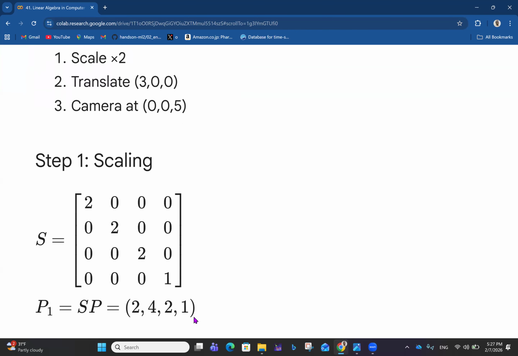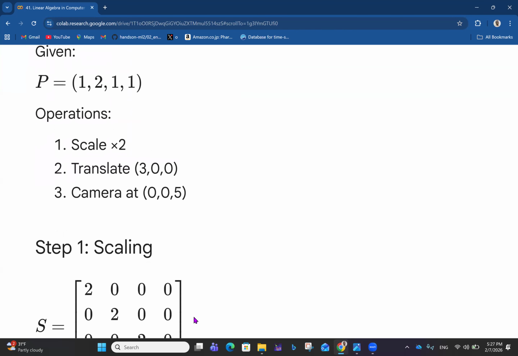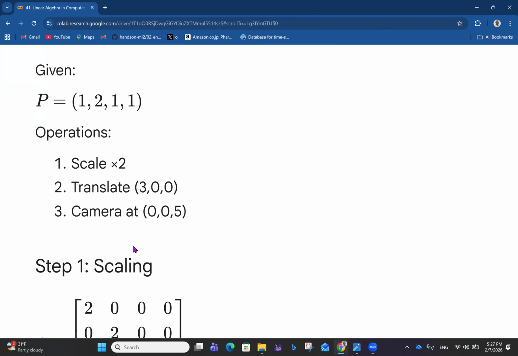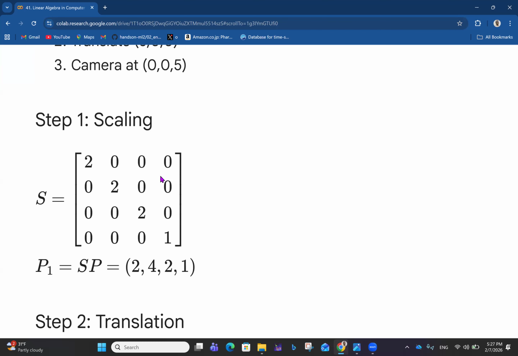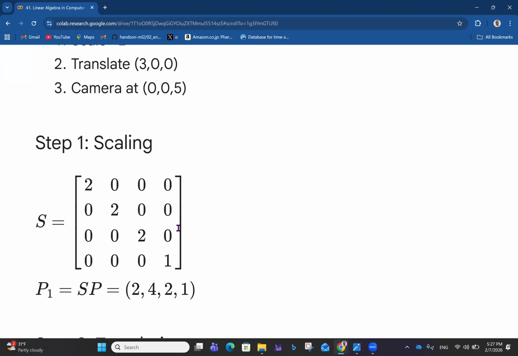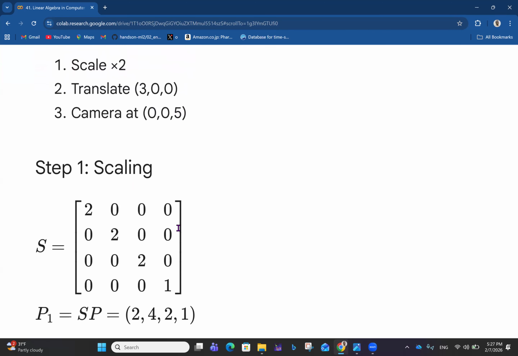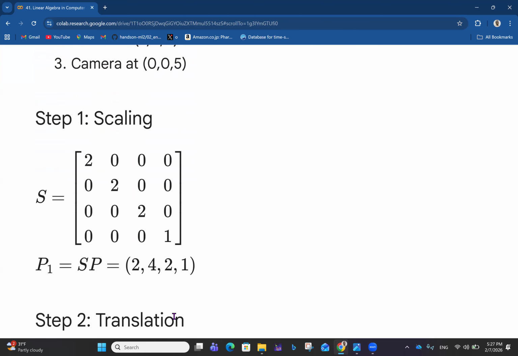S is 2, 0, 0, 0; 0, 2, 0, 0; 0, 0, 2, 0; and 0, 0, 0, 1. So P1 is S multiplied by P, the 4 by 4 multiplied by the column vector 1, 2, 1, 1. Multiplying that, you get the column vector 2, 4, 2, 1. That's the first step of scaling.